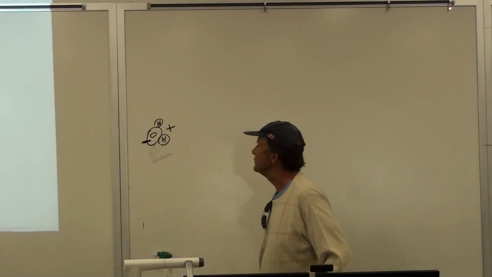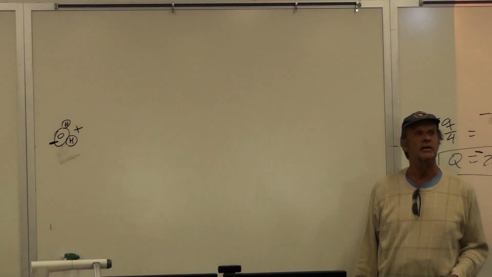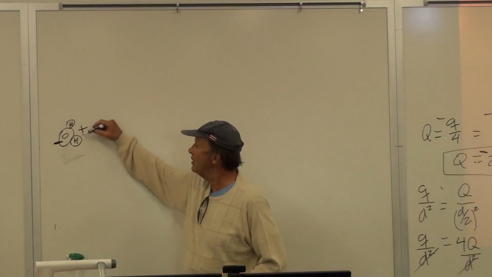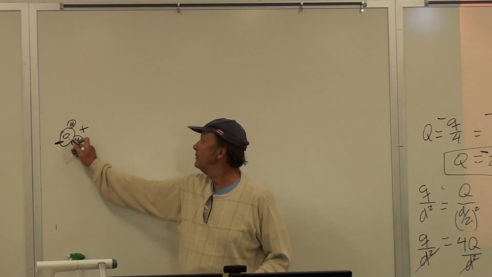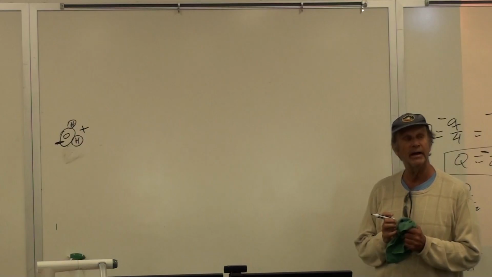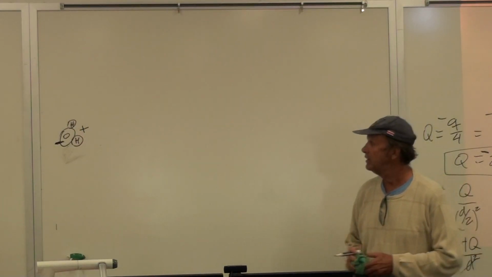And on the hydrogen side, the electrons have been ripped off. Not completely, they're not gone, but they spend less time over here and more time over there because of the larger amount of attractive force due to more protons in the nucleus attracting more negative electrons.